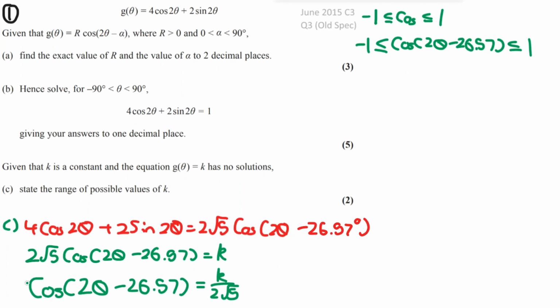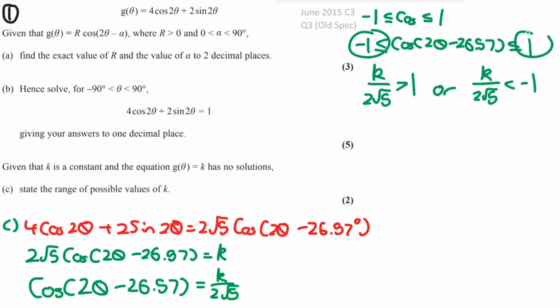So therefore there are no solutions to this equation here if k over 2 root 5 is bigger than 1, or k over 2 root 5 is less than -1, because this here, cos of 2 theta minus 26.57, this side of the equation can only be between -1 and 1.